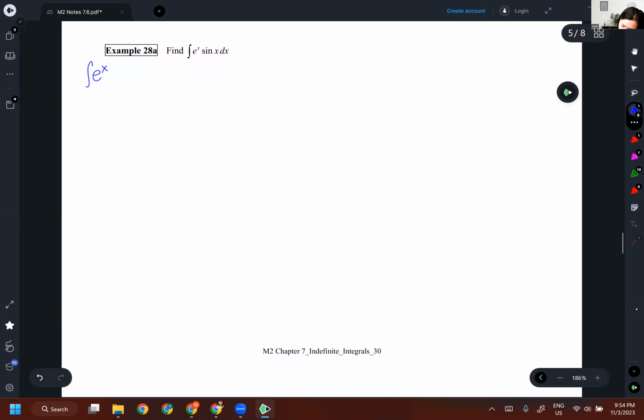E to the power x sine x dx. I'll leave sine outside because e to the power x is easier for me. So that is sine x e^x minus e^x d sine x, and then sine x e^x minus e^x cosine x dx.